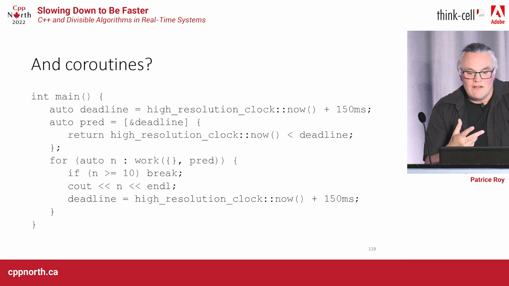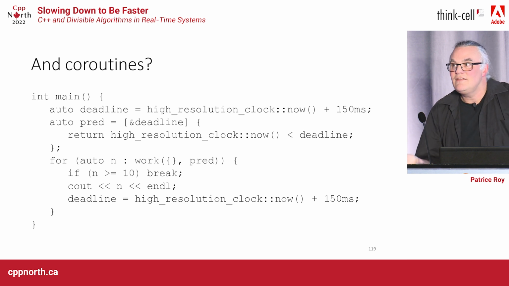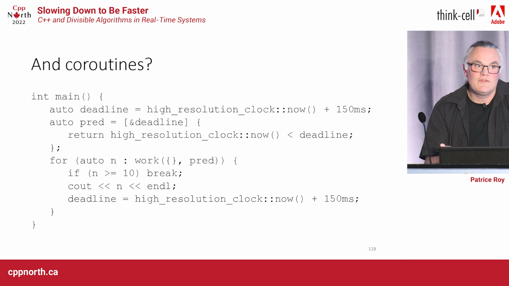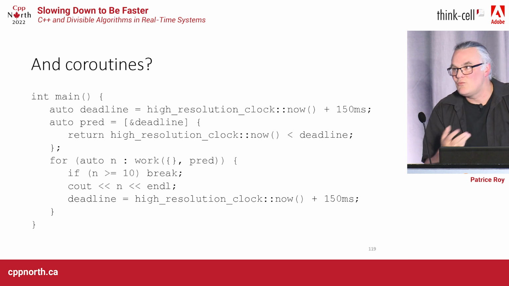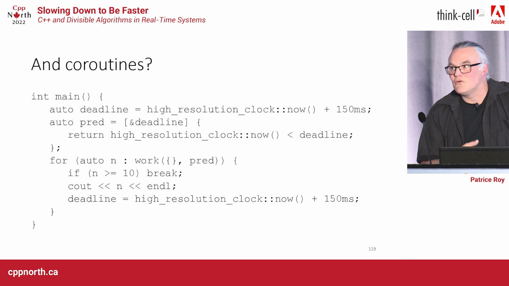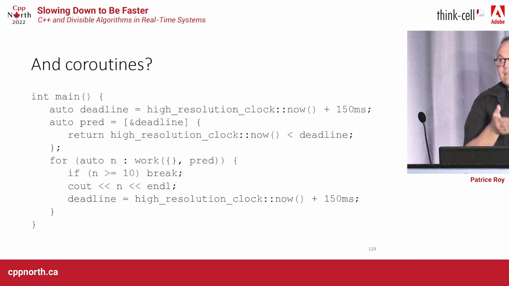So after a call, I recompute the new deadline, and then when I resume the coroutine, the time has changed within the lambda, but it's still the same lambda within the coroutines. So because of that, the next call to pred will take the new value into account. But I wouldn't call that trivial. It's something that requires some thought and some care still. Okay. So if you always have the same time, it might be something different. But in this case, it depends on context.